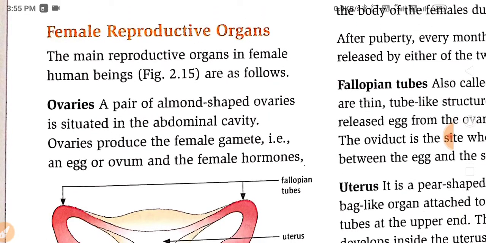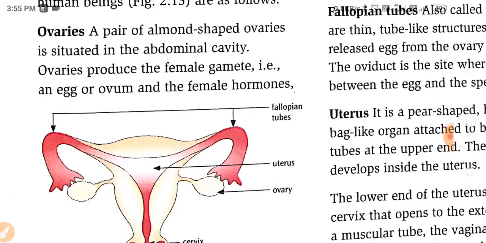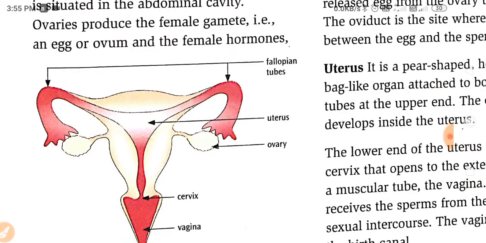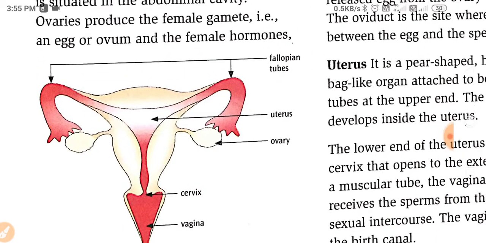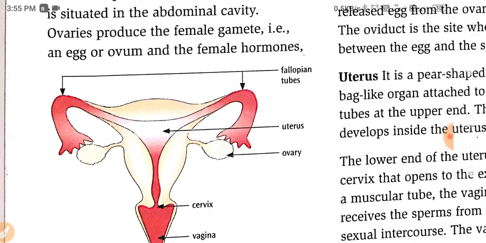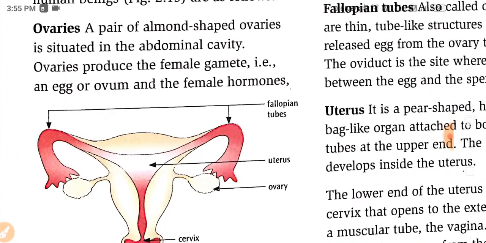The main reproductive organs in female human beings are as follows. This is the structure of the female reproductive system, which we read about in detail. Ovaries: a pair of almond-shaped ovaries is situated in the abdominal cavity.